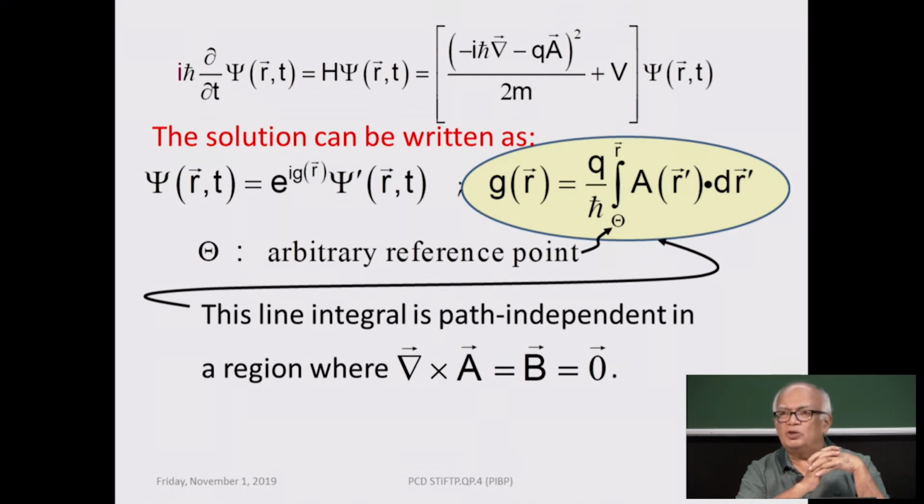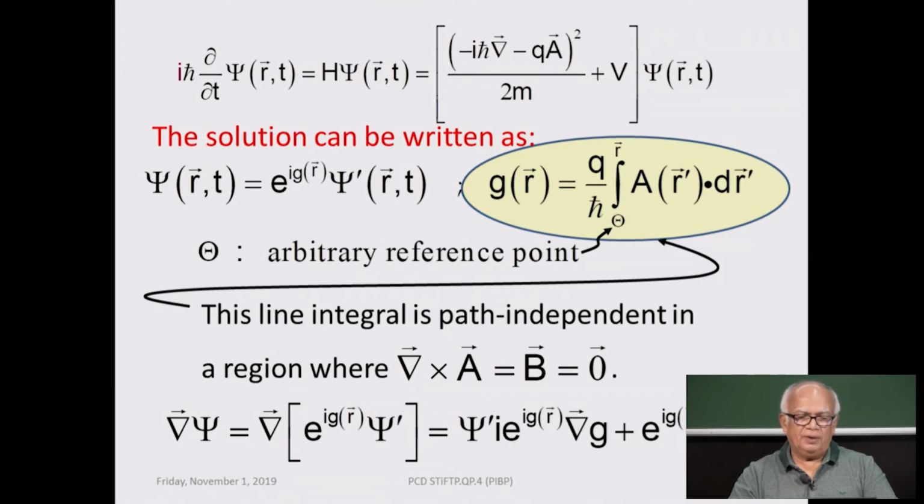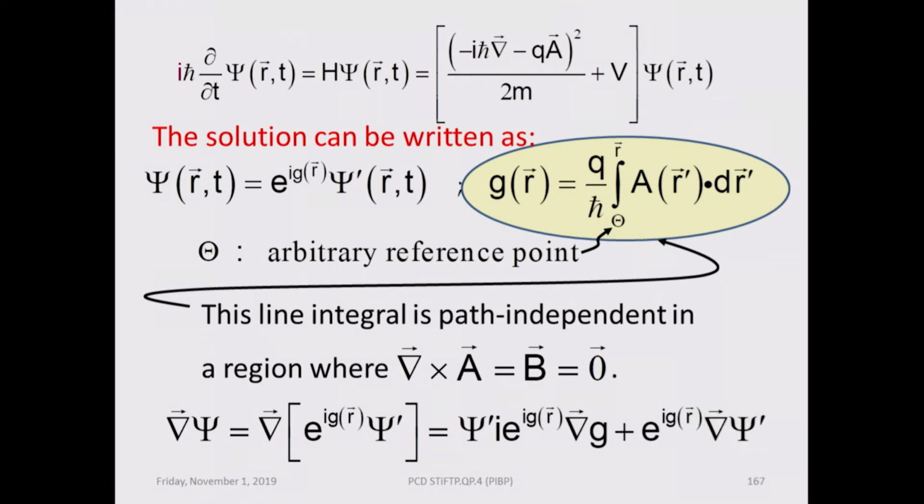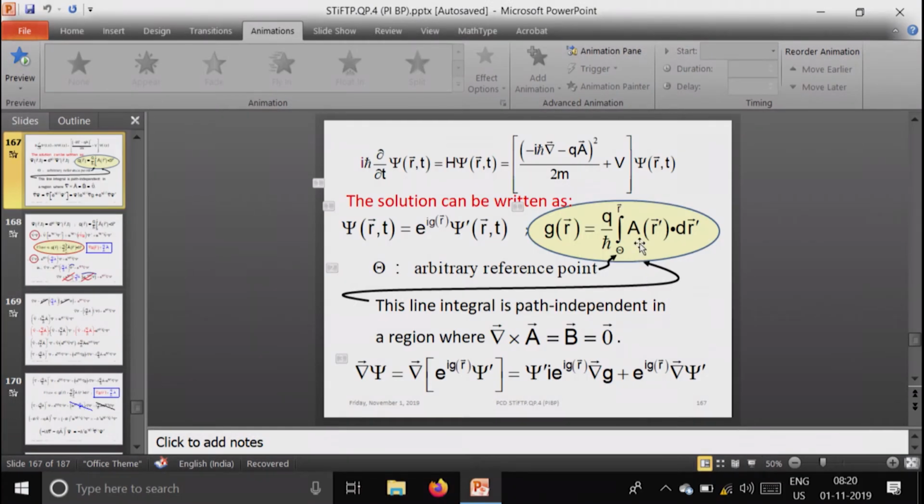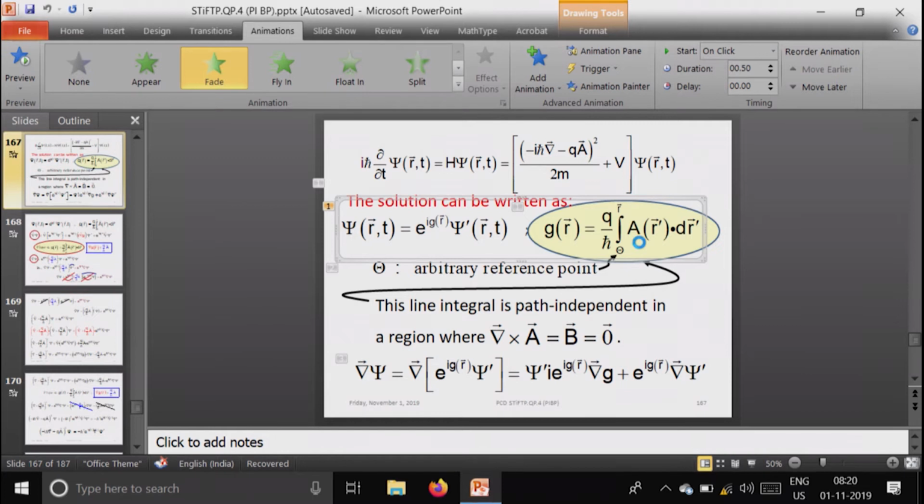Okay, it is not guaranteed to be so in other regions, but whenever the curl of A is 0, you can see it from the Kelvin-Stokes theorem also. Okay, and given psi by this, I think I will fix this vector sign on A.